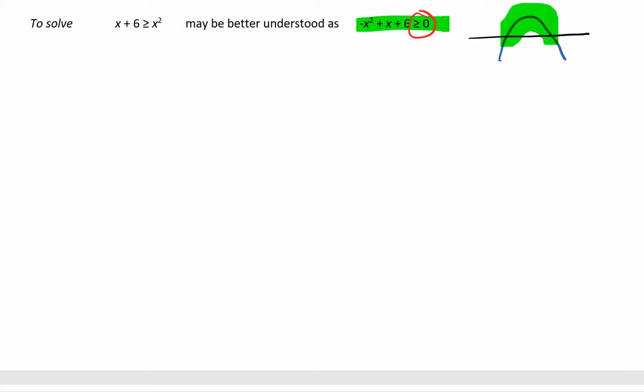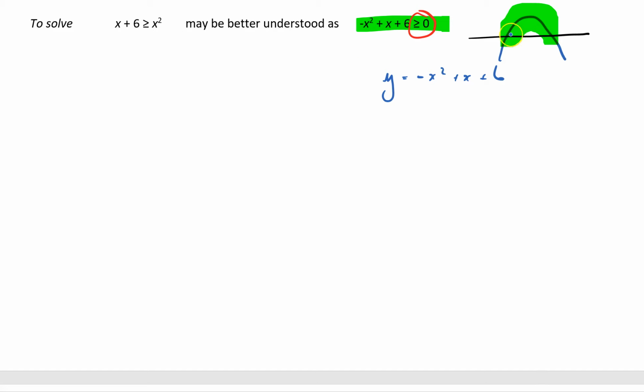And I need to identify the x values that will place the parabola up here above the axis. So now we set about drawing the graph of y equals minus x squared plus x plus 6. So that's our first step. Draw this graph. We want to know where the graph is above the x-axis, and in particular, what x values put the graph above the x-axis.